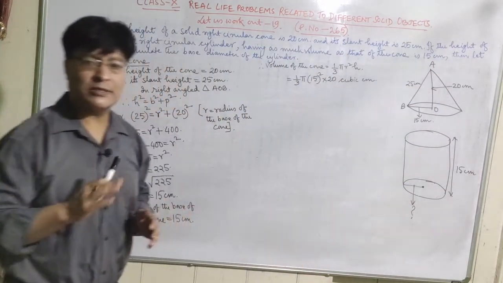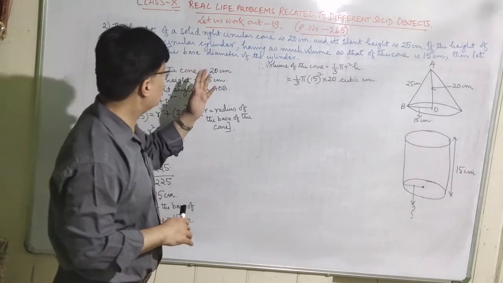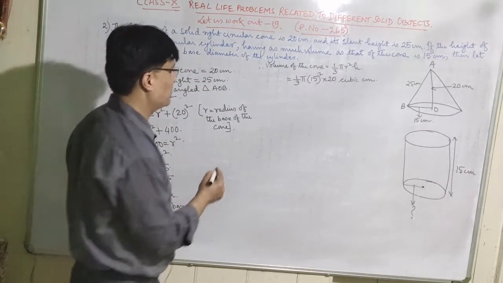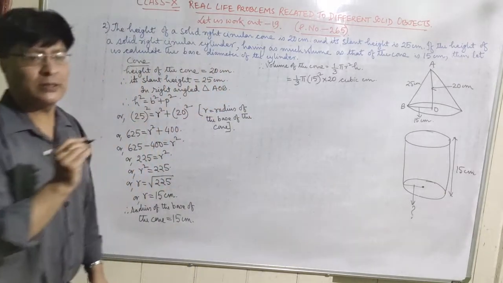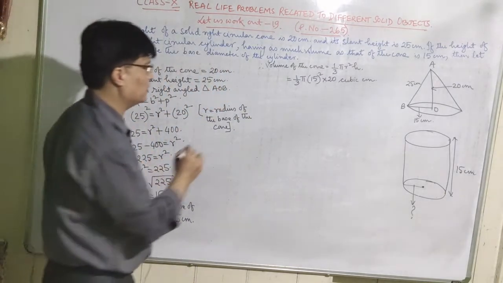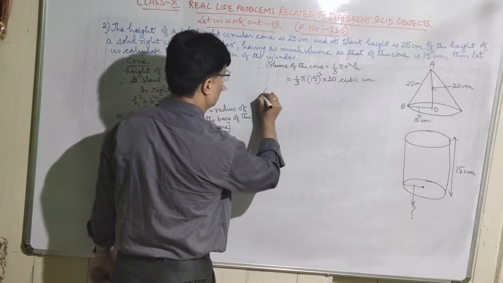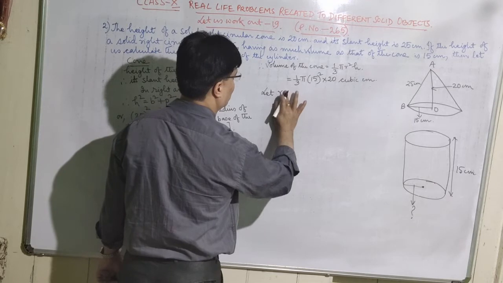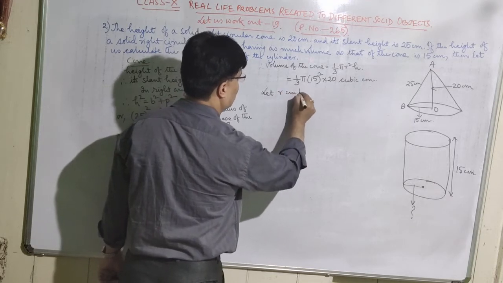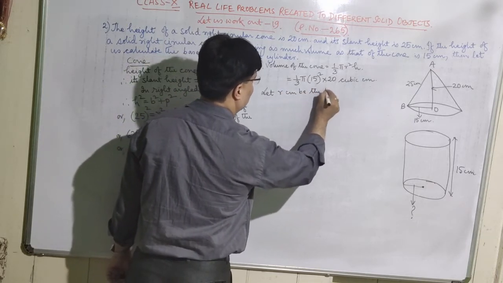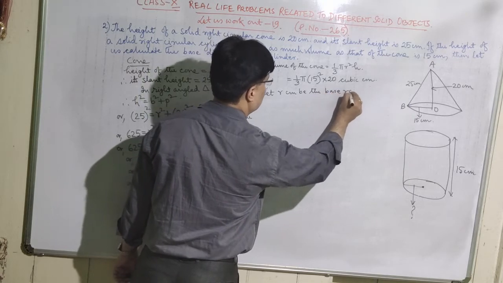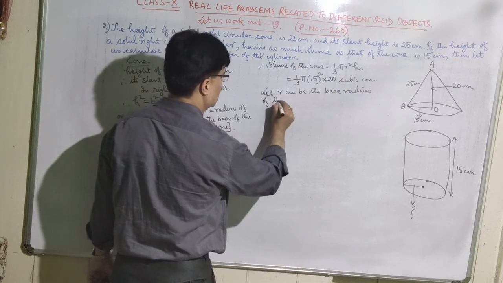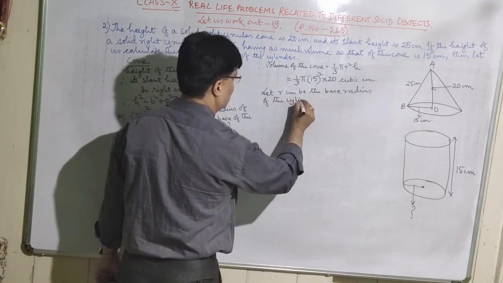Let us find out the volume of the cylinder now. In the case of the cylinder, you have to find out the base diameter of the cylinder. Let us assume the base radius of the cylinder. Let r centimeter be the base radius of the cylinder.